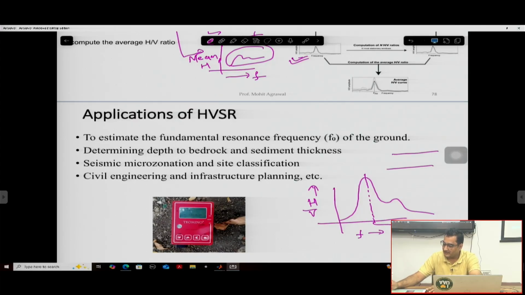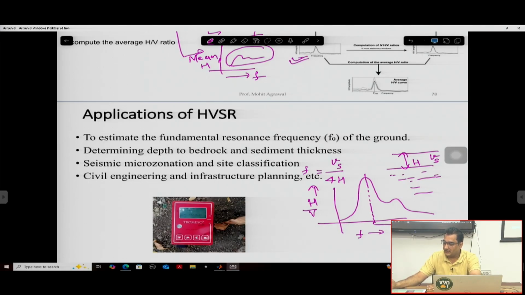Okay, so let's suppose this is the soil layer, with thickness h and shear wave velocity Vs, and under it you have a half space. As per the formula, Vs upon 4h is equal to the frequency, that is, the fundamental frequency equals shear wave velocity divided by 4h.